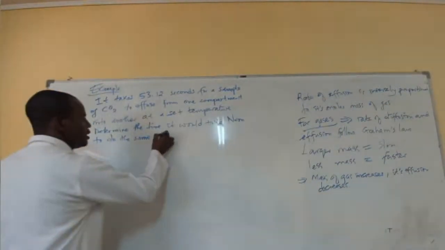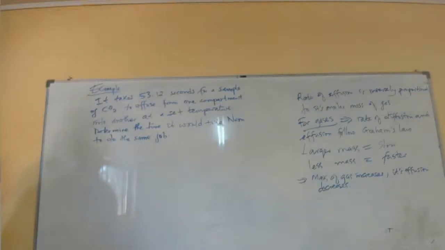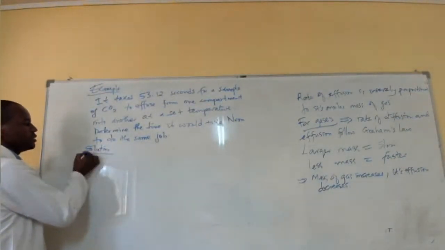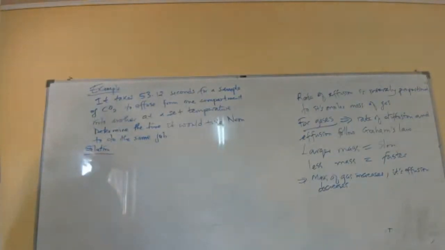So here what you have is carbon dioxide and neon. You are given the time taken for carbon dioxide to move from one compartment of a container into another.